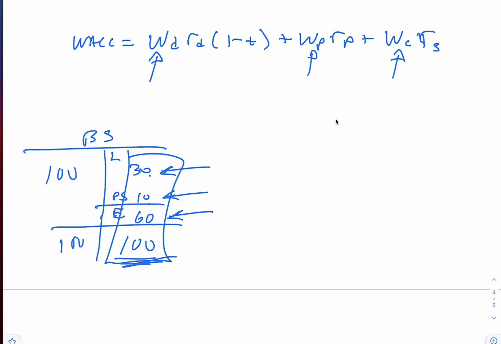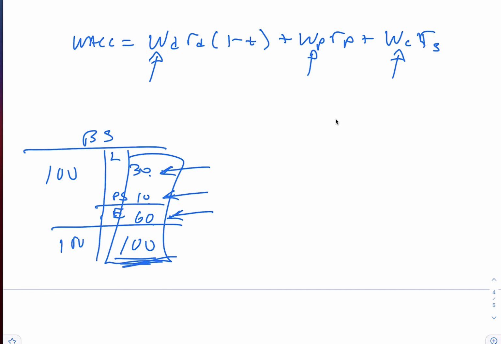In reality, the company may issue a lot of common stock at one point in time, and later on issue a lot of debt, and then at another point in time issue a lot of preferred stock. But over the long run, it's targeting 30, 10, 60. So keep that in mind. The weights are market values. The W's, the weights, represent the target capital structure.